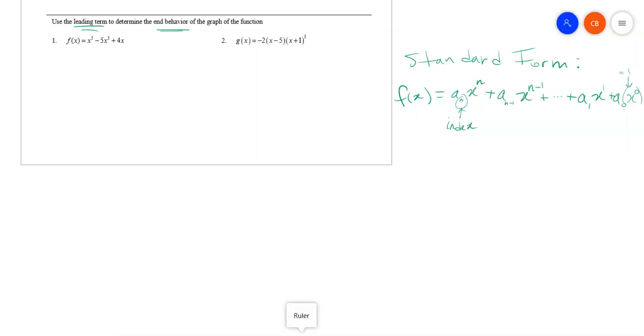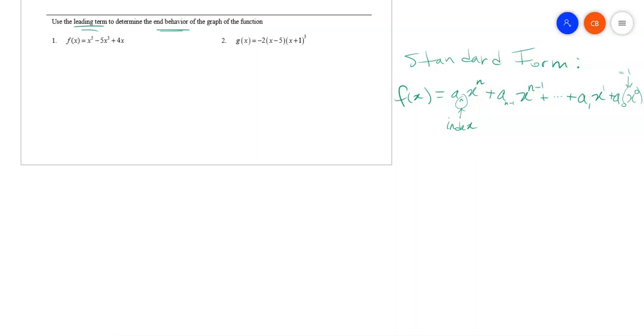So that's why we don't normally write that term there, but to be the most strict and the most rigorous, as it were, we could still write that it is an x term, it just goes to the 0 power. And so as long as these numbers here are decreasing as we go to the right, then we have the standard form basically for a polynomial.